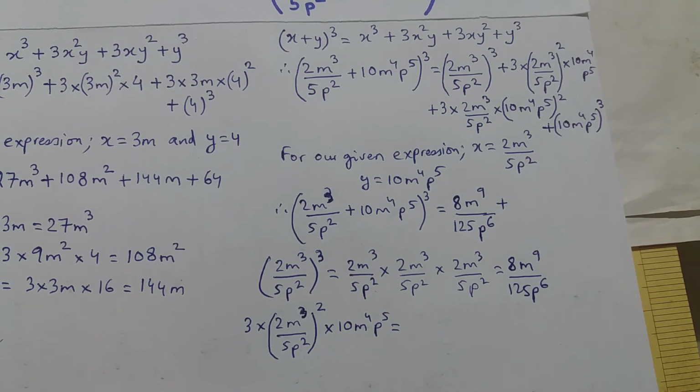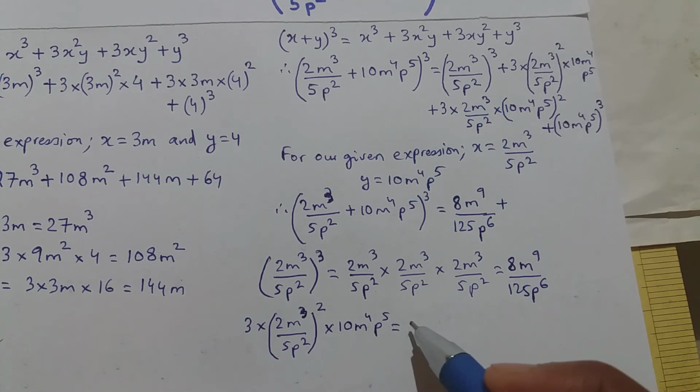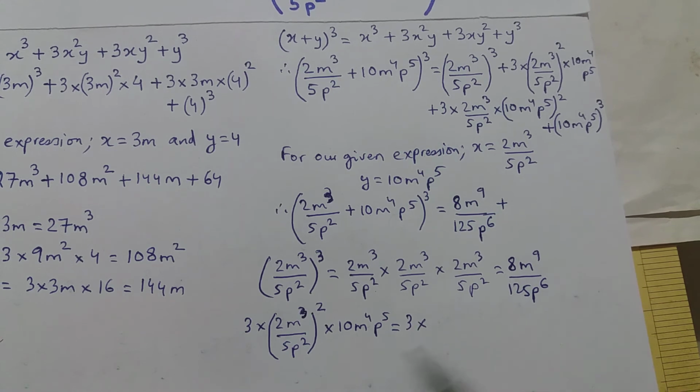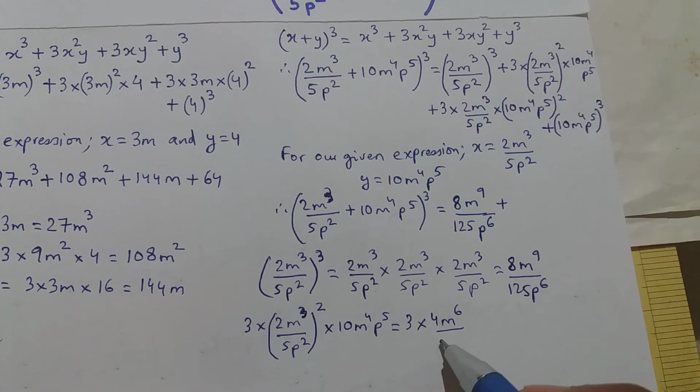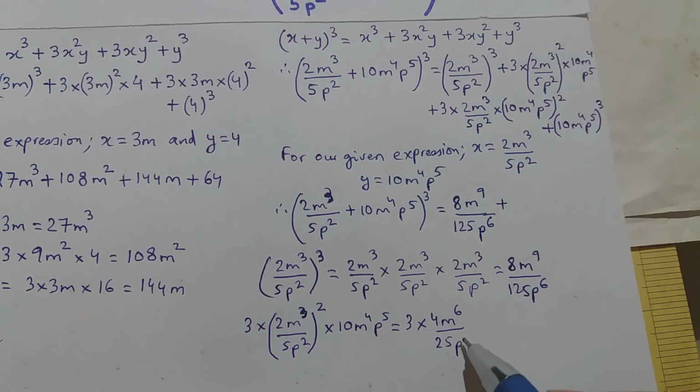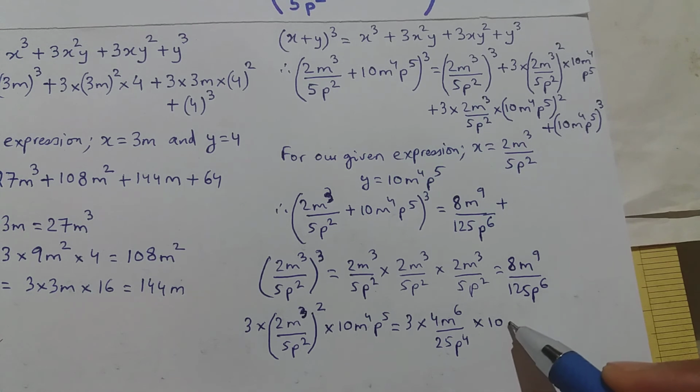So that is equal to 3 into (2m cube upon 5p square) whole square. When we simplify this, this becomes 4m to the power 6 upon 25p to the power 4, and then into 10m to the power 4 p to the power 5.